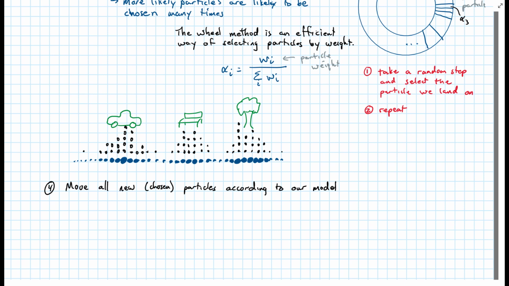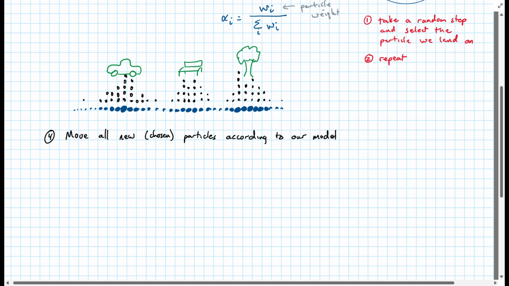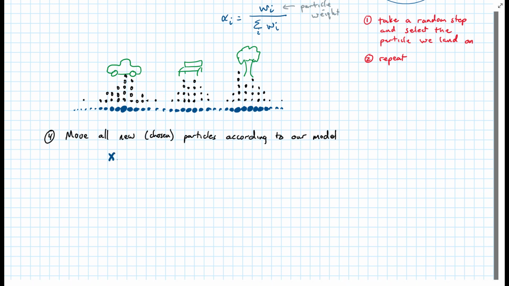But in this case, we're actually going to include the noise, and it turns out it's going to be very important. So for each particle i, the state at time n plus 1 is going to be whatever our nonlinear function is of the state at time n plus the noise.